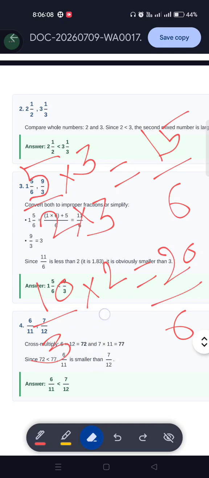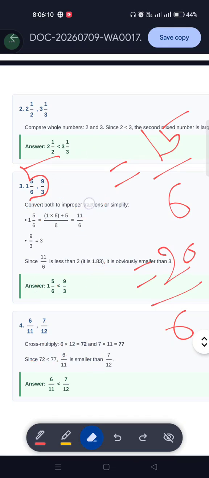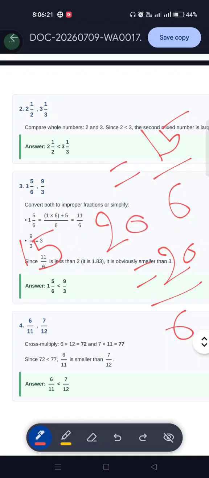Okay, so you need to compare here 15 and 20. So definitely 15 is less than 20. 15 is smaller than 20. Okay, 15 is less than 20.